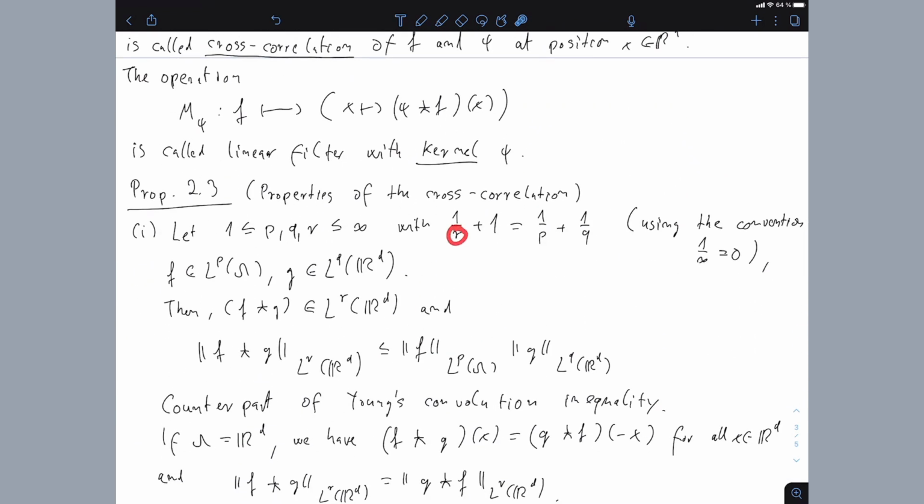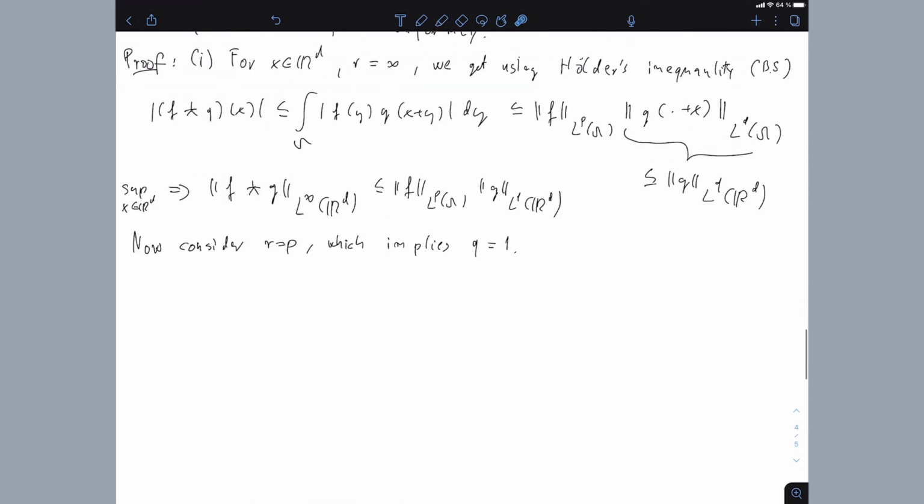If R and P are the same, we can just remove those and see that 1 is equal to 1 over Q. So Q has to be 1 in the case R is equal to P. And for P equal infinity, we have R equal infinity, and this we already covered.